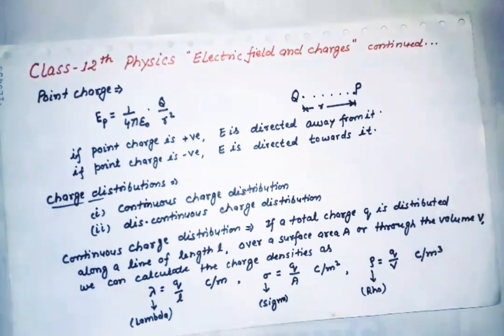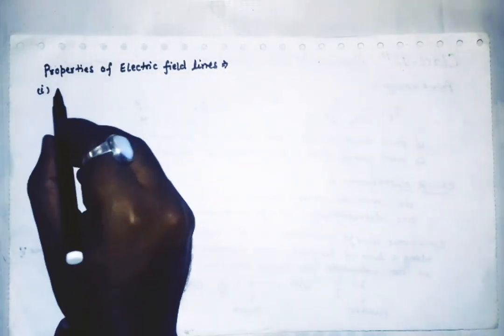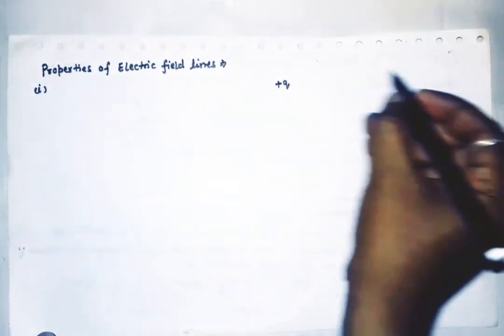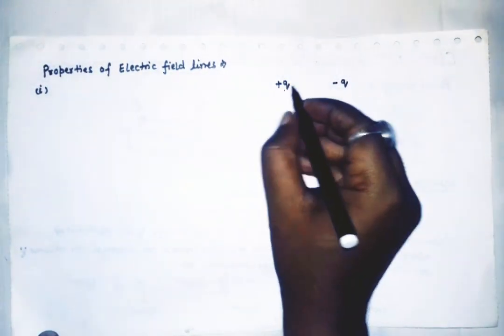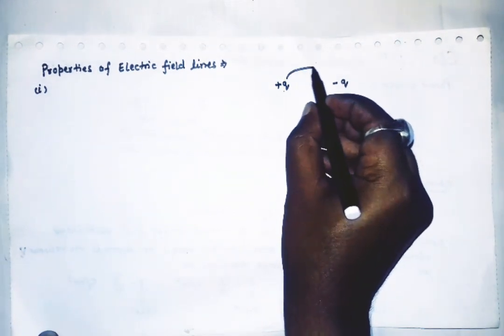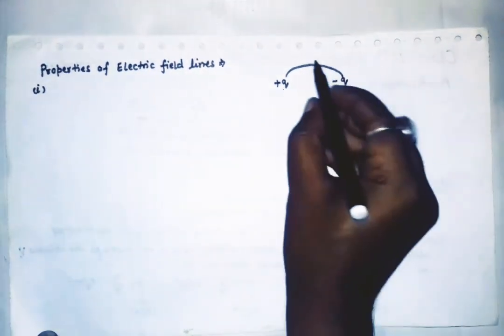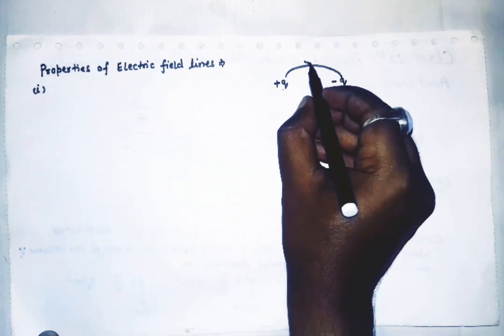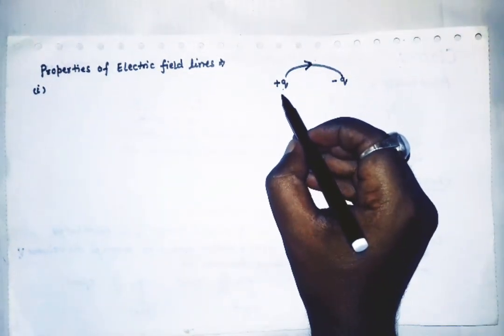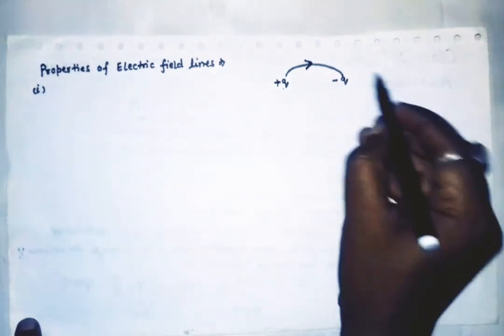Now we will discuss the properties of electric field lines. The electric field line always originates from a positive charge and terminates at a negative charge. That means electric field line is directed from positive to negative.